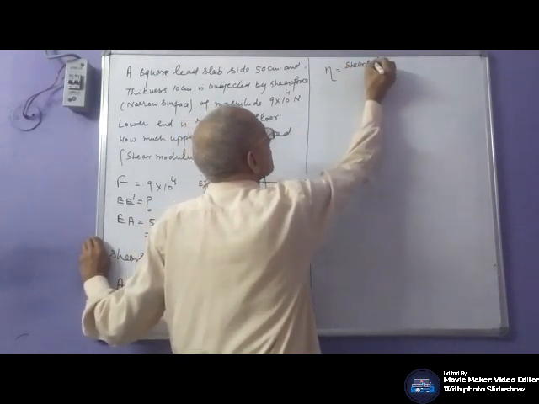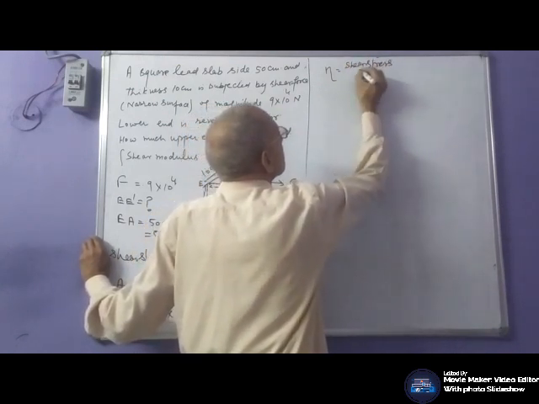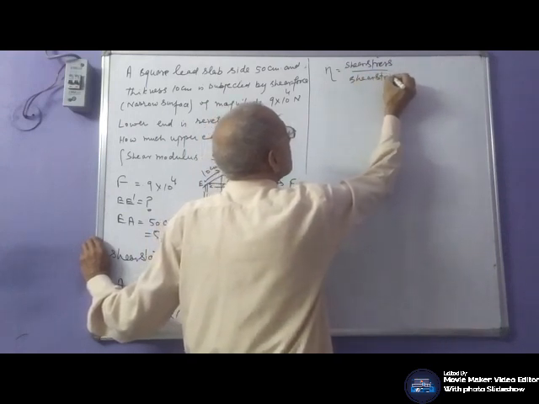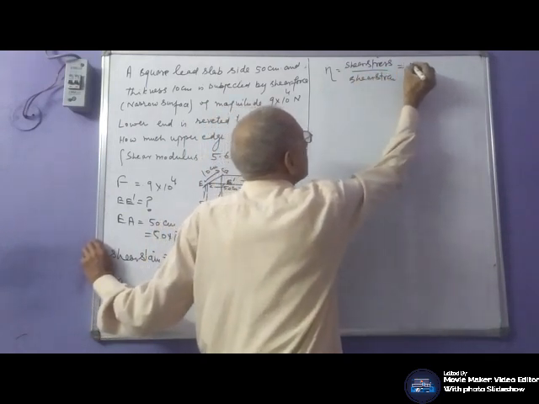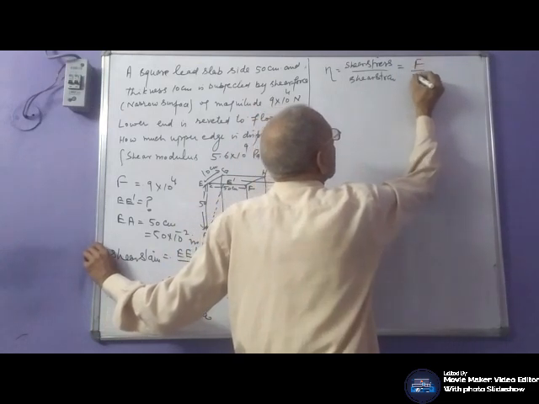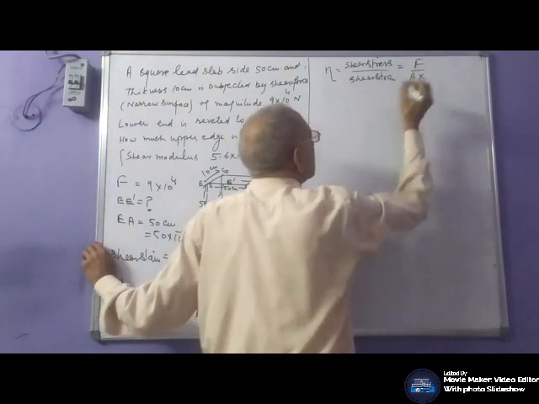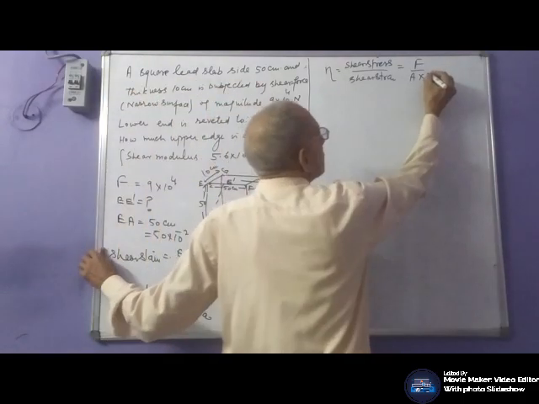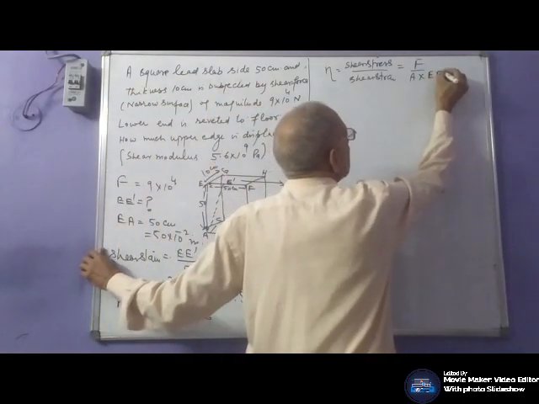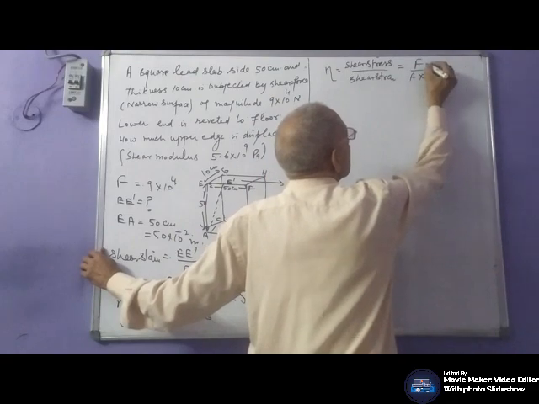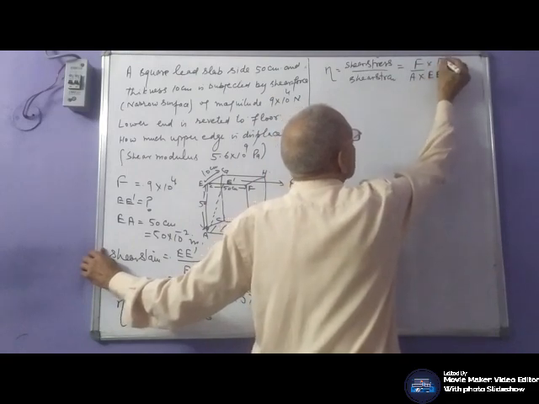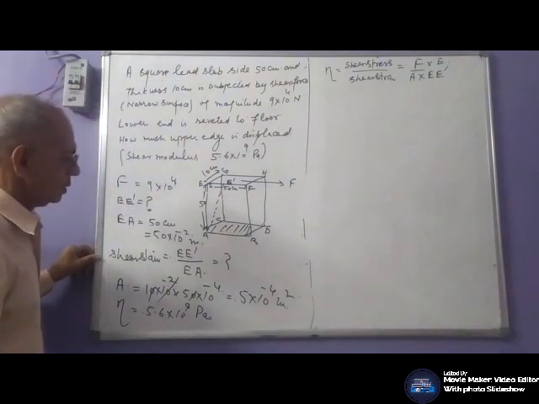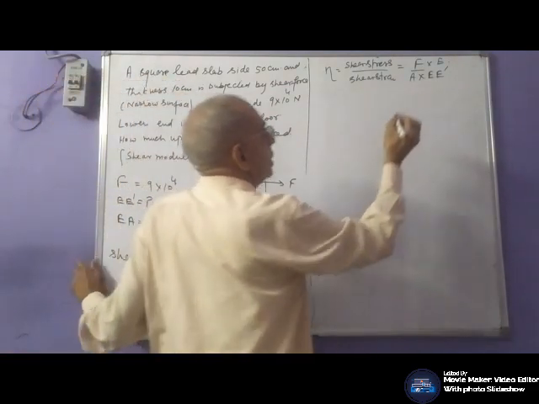Shear stress over shear strain. Shear stress is F by A. Shear strain is E E dash by EA.